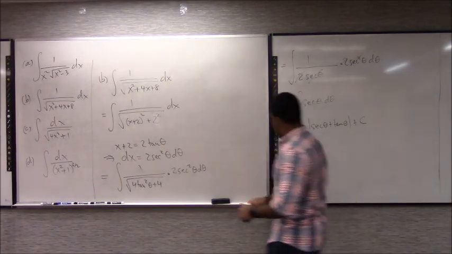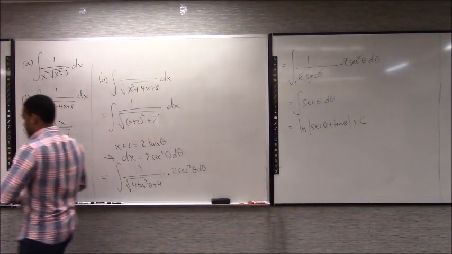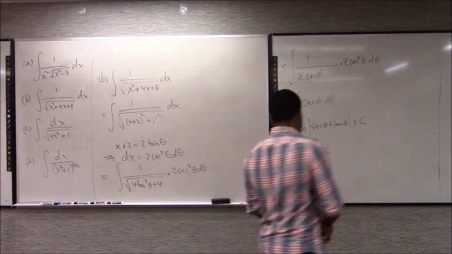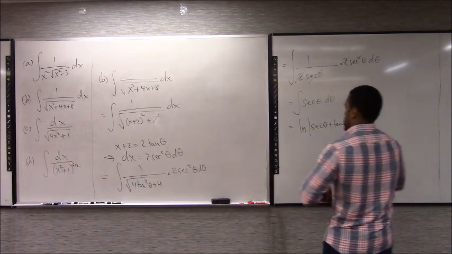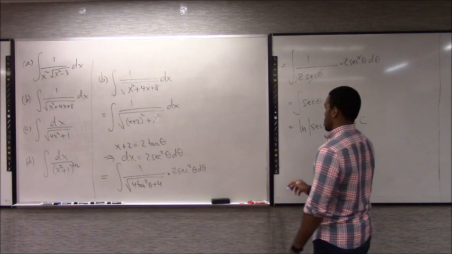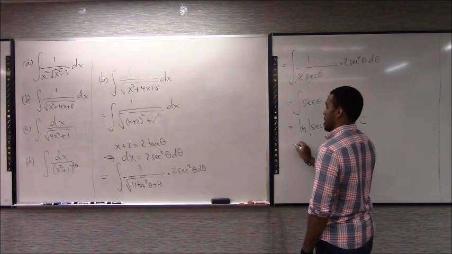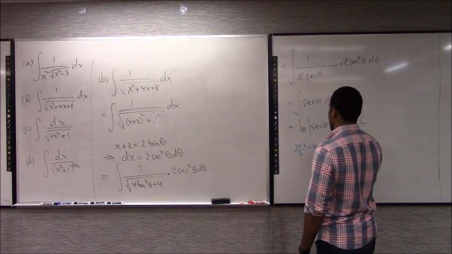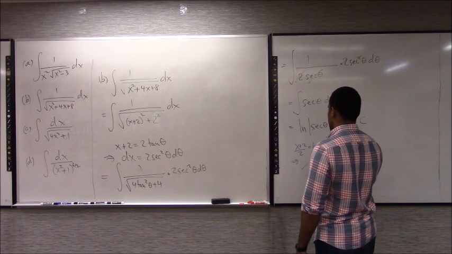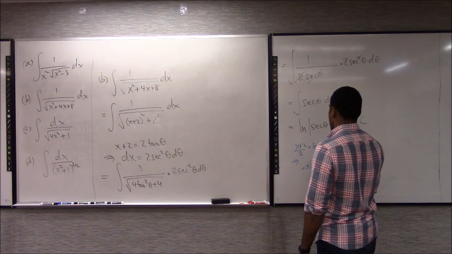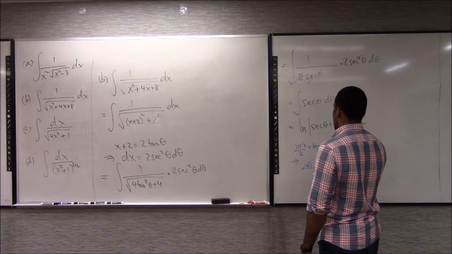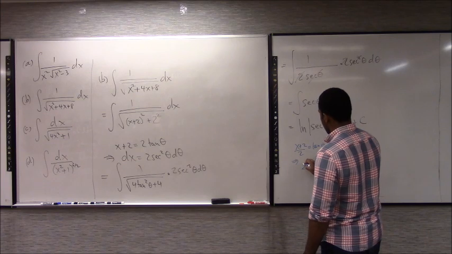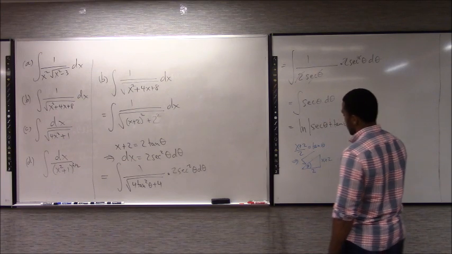Now that is in theta, we need to get these back into x's. So we're going to do, again, our whole back substitution fiasco. We have that x plus 2 all over 2 is going to give us our tangent theta. This means that we can construct a triangle where x plus 2 is the opposite and 2 is the adjacent, which means the hypotenuse is going to be the square root of the sum of the squares.